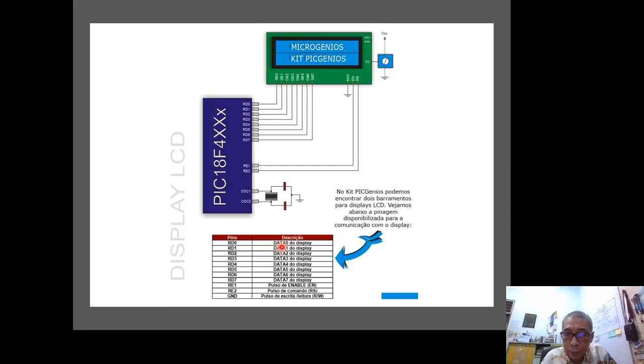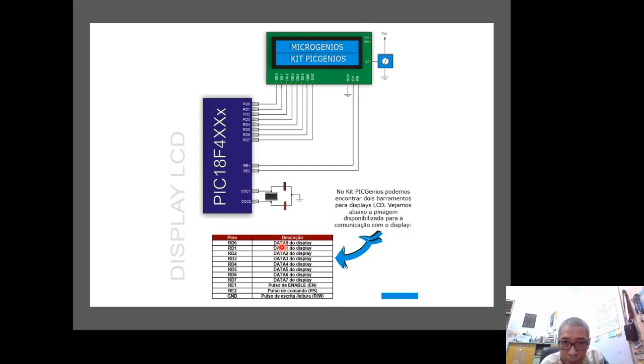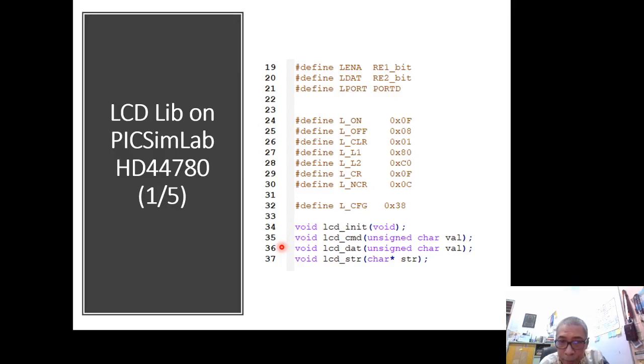Okay, so what about the LCD? The LCD is just like the others, because we have a library according to the PIXSIM Lab and also the Genius. What we have here is the library. Okay, so we have LCD init, LCD command, LCD dot, and LCD string.